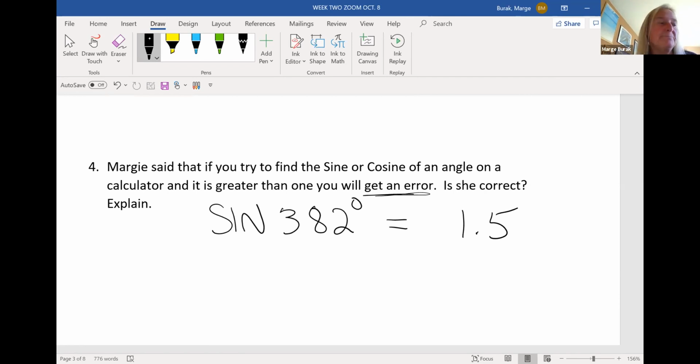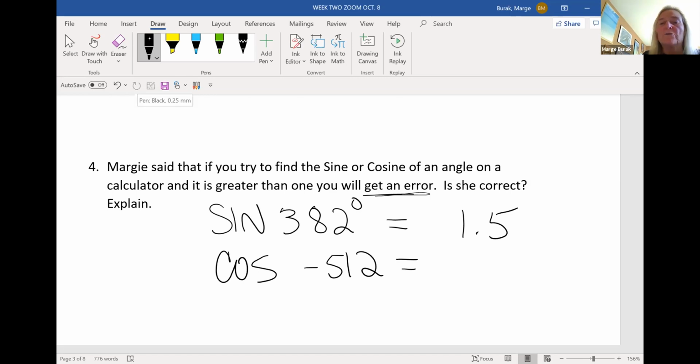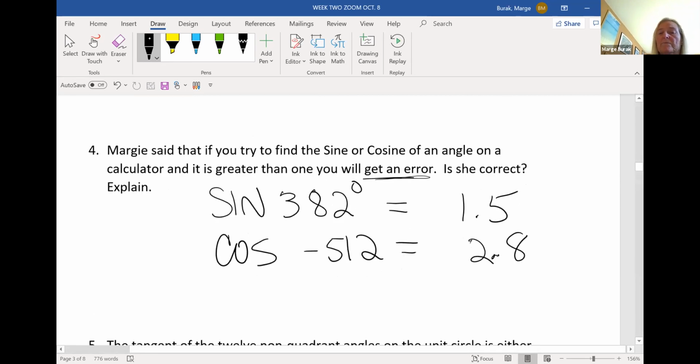Anybody want to comment? Or cosine of negative 512, or 2.8. Anybody know why?